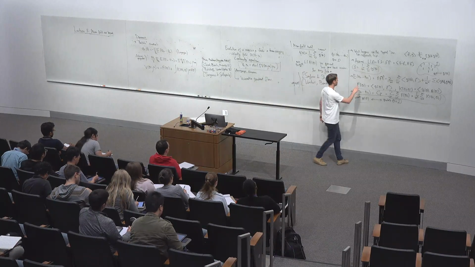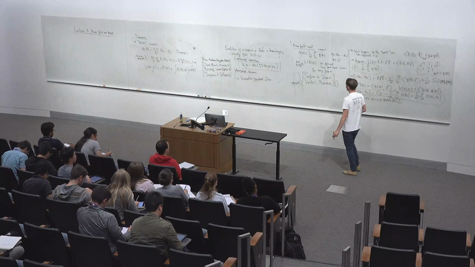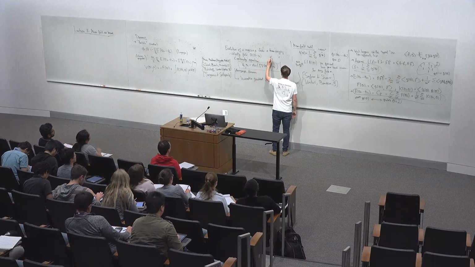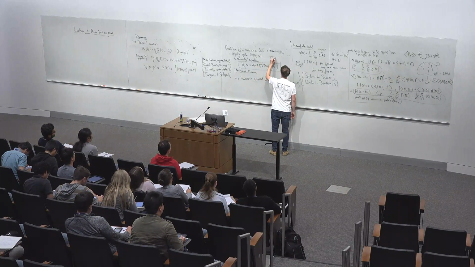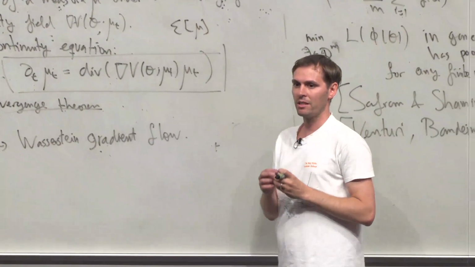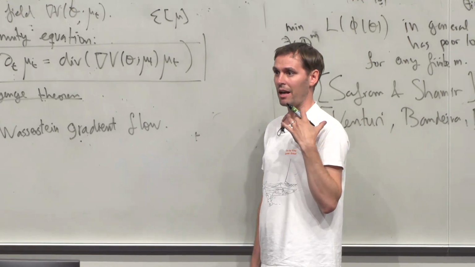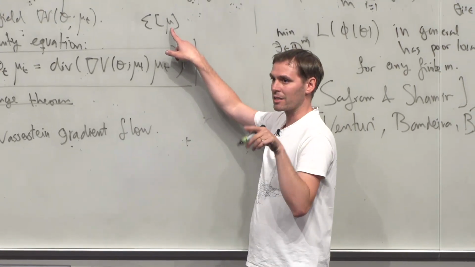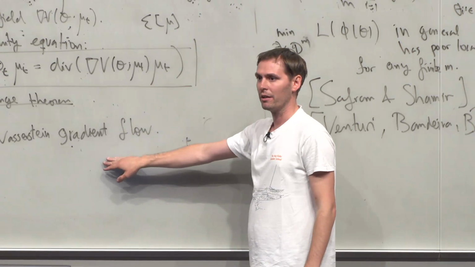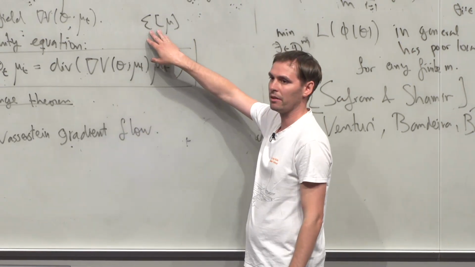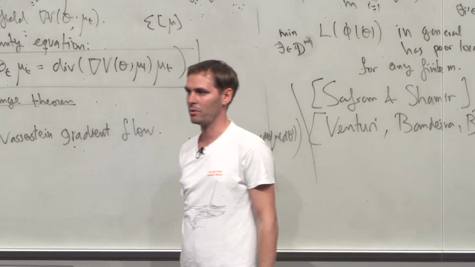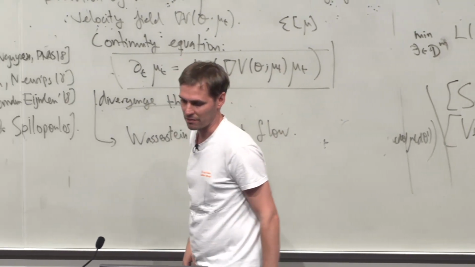So how can I make progress in the functional? Remember, this was this functional E of mu. So you can think of it as kind of a steepest descent algorithm that tries to say, how can I move as little as possible with respect to the Wasserstein metric while making as much progress as possible with respect to this functional, right? So in the limit, this is the partial differential equation that you get.